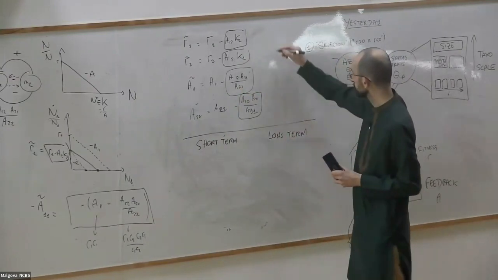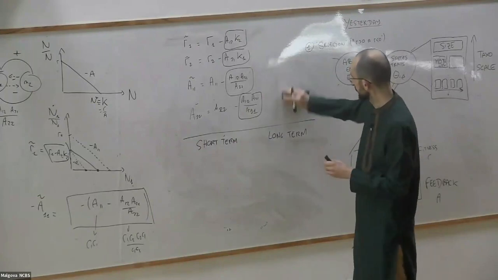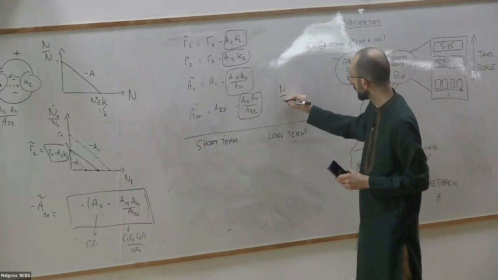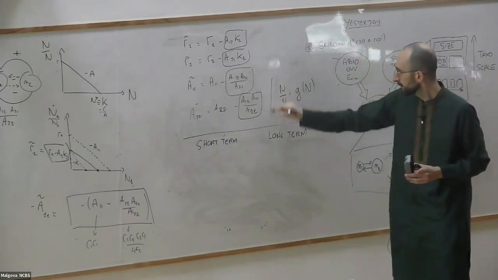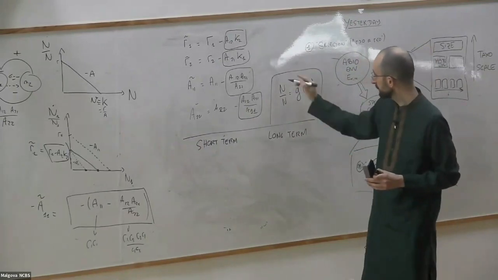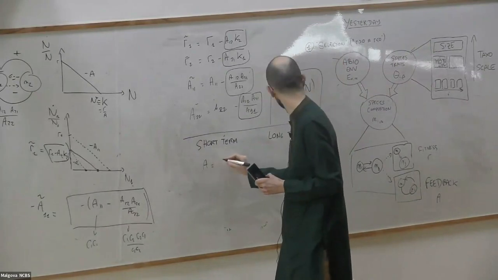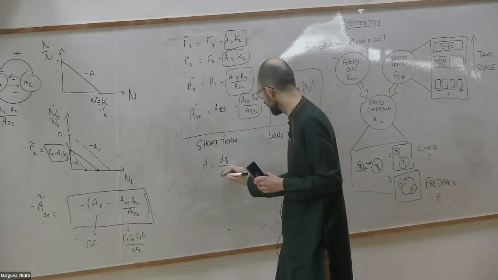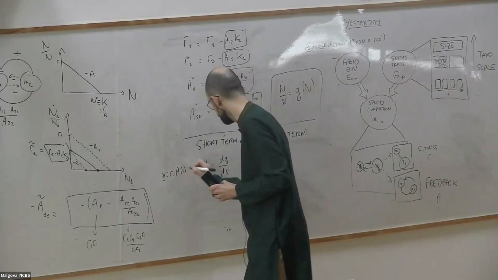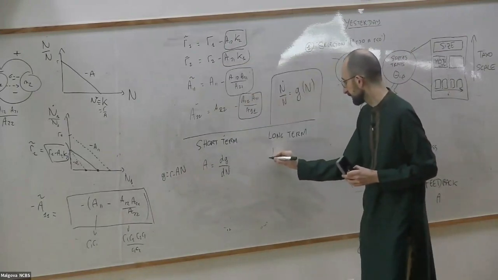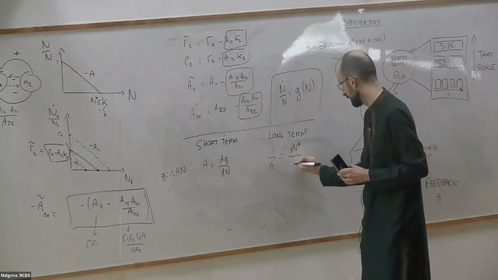Let's say that I write, in general, n dot over n equals g of n, right, some function. What I'm saying now is, in the short term, I have that A is equal to minus dg over dn, because g is equal to r minus An. And in the long term, I have that 1 over A is dn star over dg.